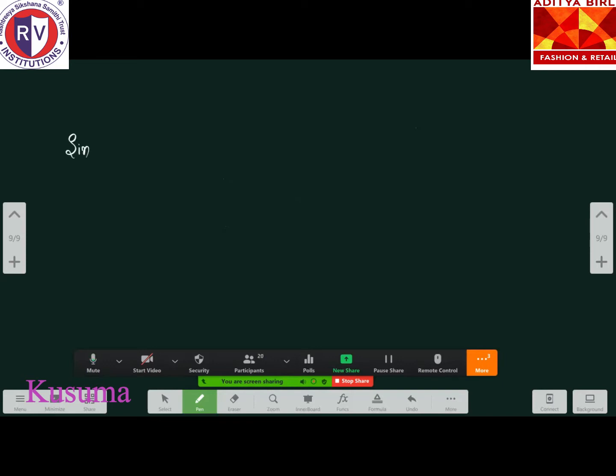Find the value of sine of 2 sine inverse root of 63 by 65. The options given are: A, 8 into root 63 divided by 65.